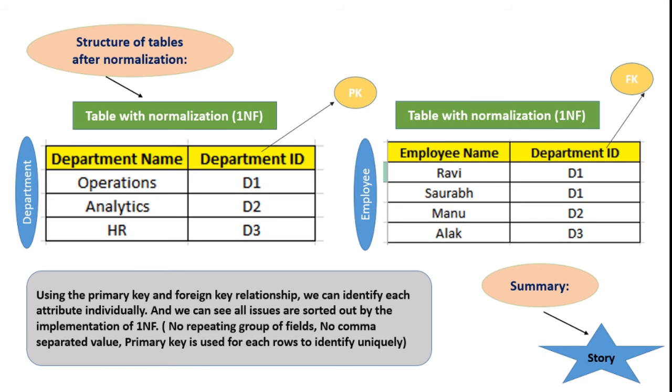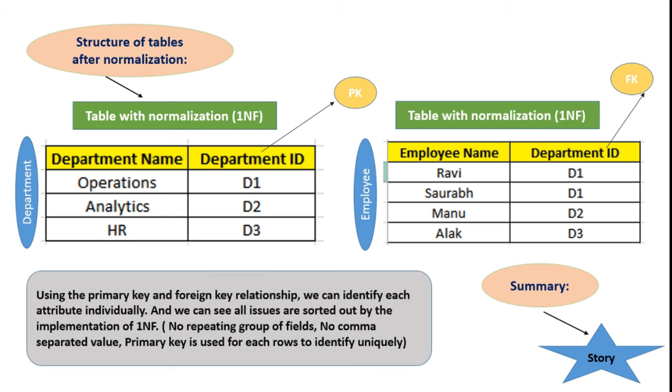There should also not be any repeating groups or fields, and that is sorted out too. So these are the problems sorted out by implementing the first normal form in the employee table, right? And the primary key is used for each row to identify it uniquely, right?